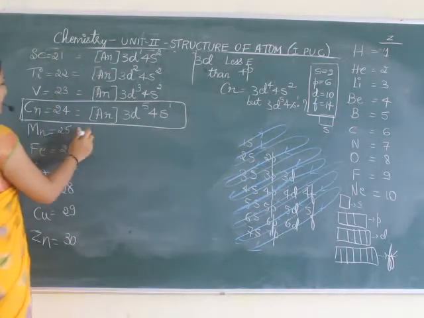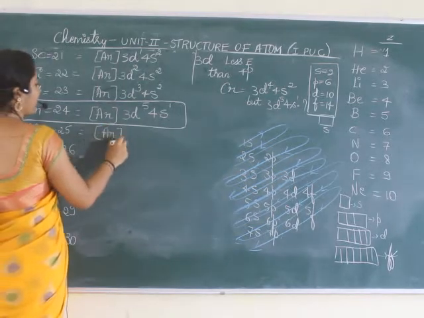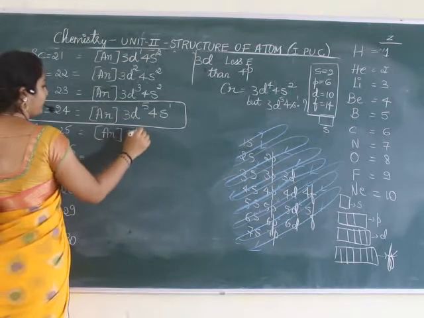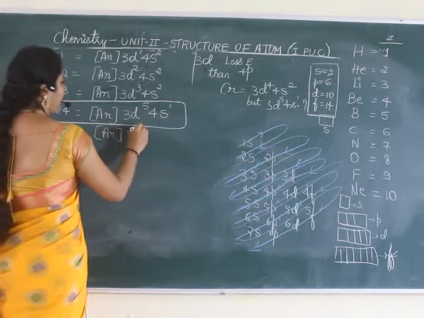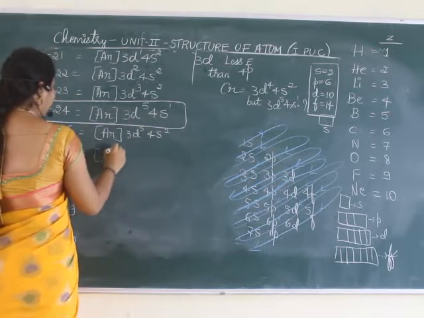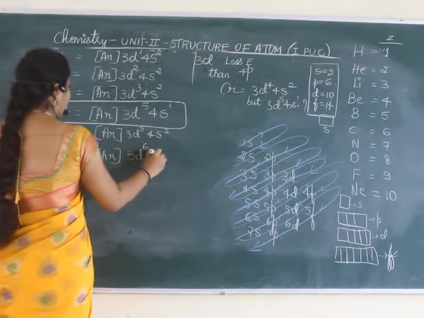Next, the continuation goes as it is. Argon 3d4 should have been, and then this is 3d5. So for manganese, it will be 3d5 4s2. Iron, argon 3d6 4s2.